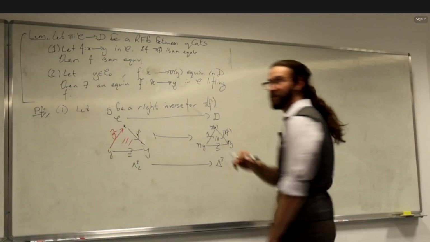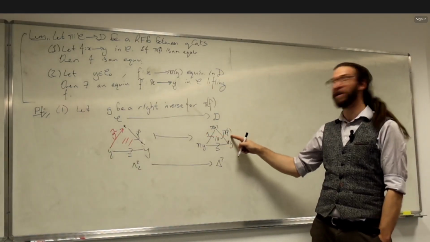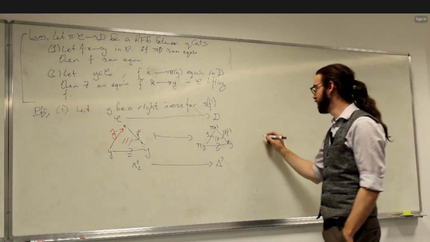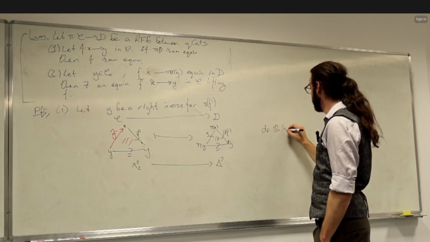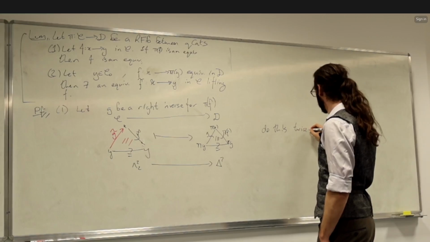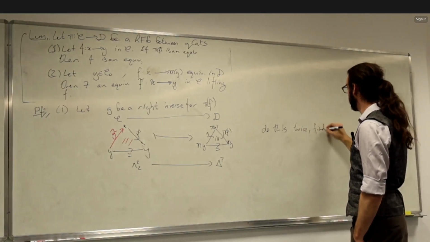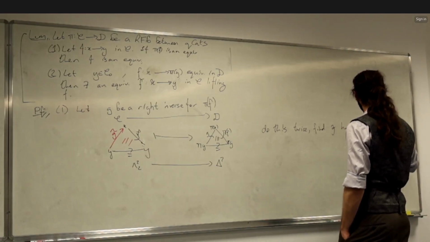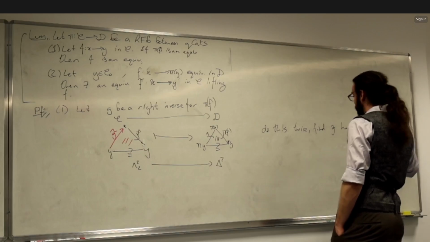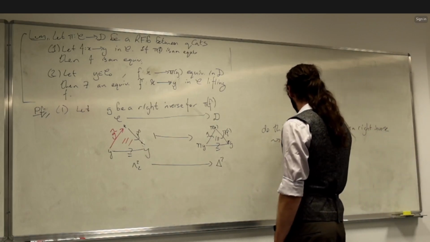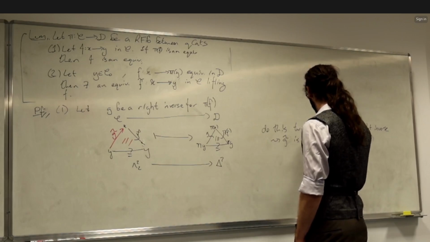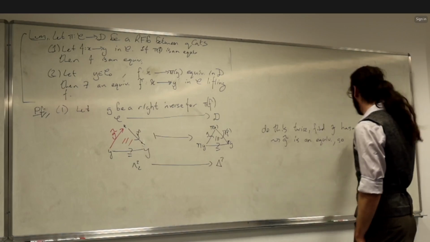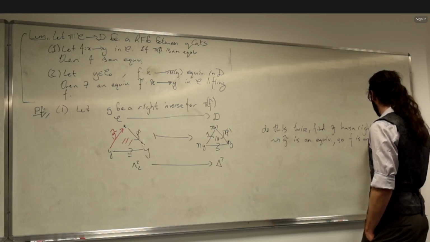However, we can do this again, right? Since G is right inverse to an invertible thing, it is itself invertible. So if we do this twice, we find that G tilde has a right inverse. So G tilde is an equivalence, and so f is an equivalence.